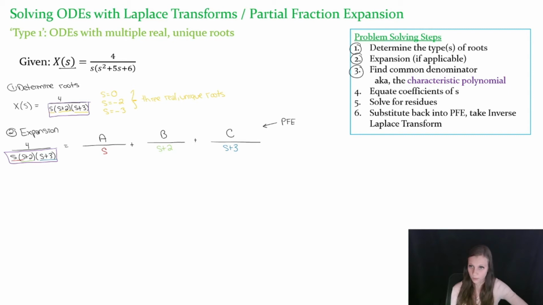So for my first fraction, I'm going to multiply by quantity s plus 2 times quantity s plus 3. For my second fraction term, I'm going to multiply by s times s plus 3, and for my third term, I'm going to multiply by s times s plus 2.